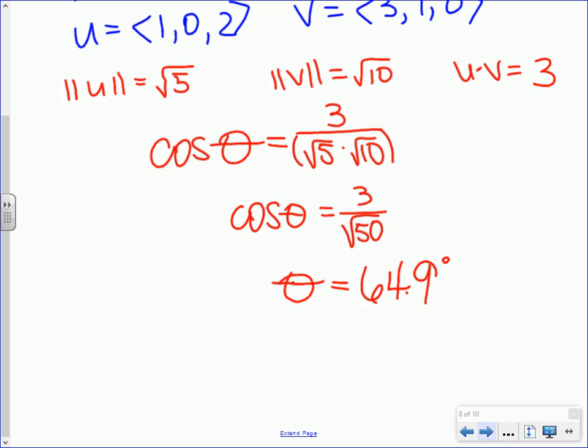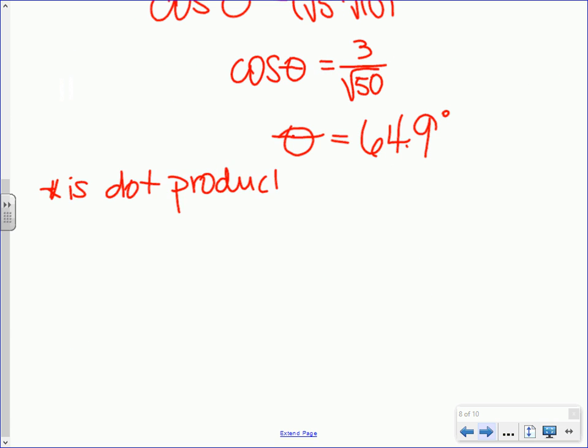Okay. So, we decided if the dot product is 0, we know our vectors are orthogonal.